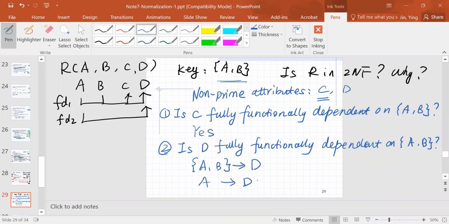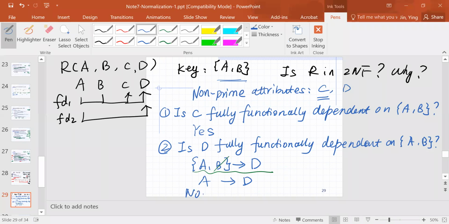And so from that, we can see we do not need B. The B here is not required to be on the left. So A to D is true already. So this particular one, this is not a full functional dependency. This is a partial one. So the answer to this question is no.